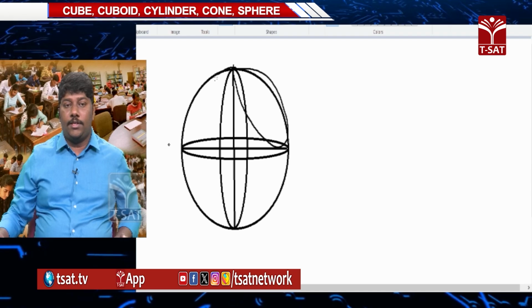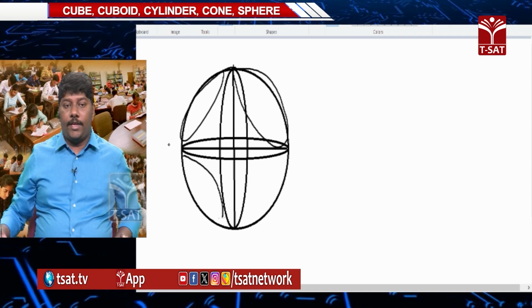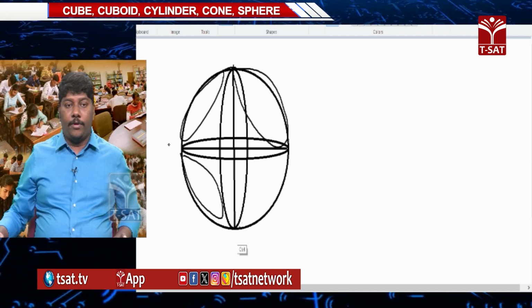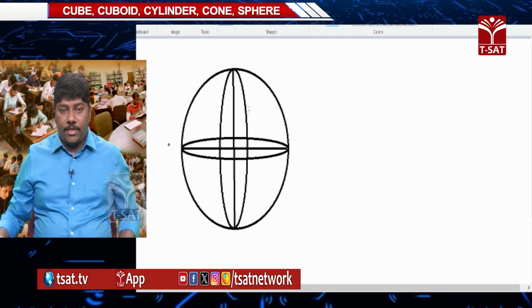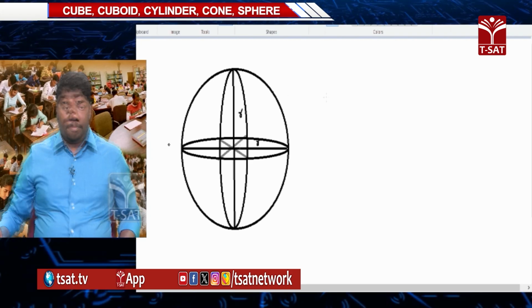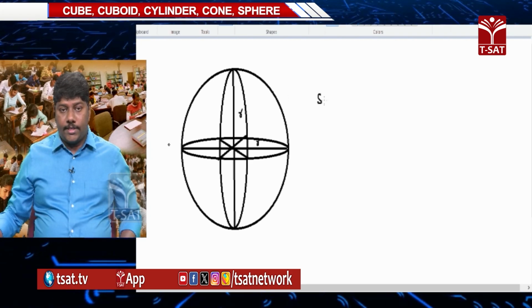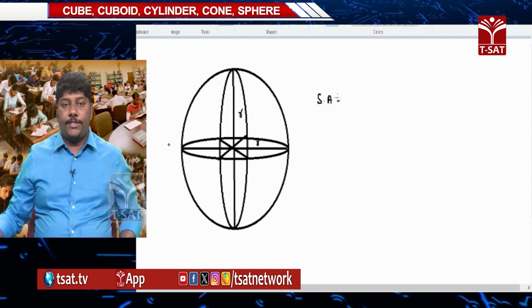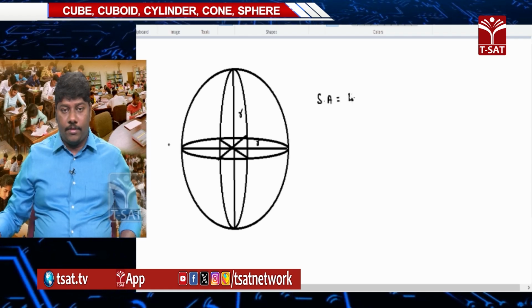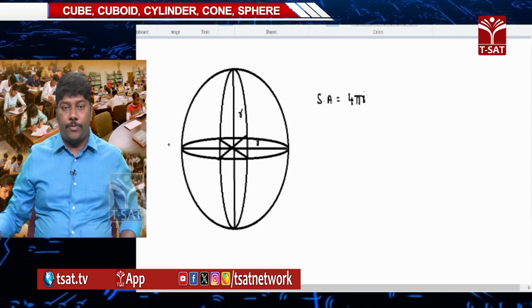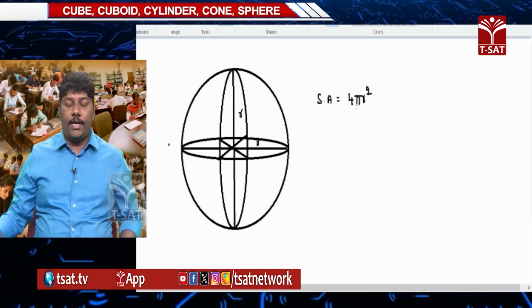This is one circle, circle 2, circle 3, circle 4. Therefore, remember these are all radius. The surface area of a sphere is formed by 4 circles with the same radius as the radius of the sphere. So, it is 4 pi r square.